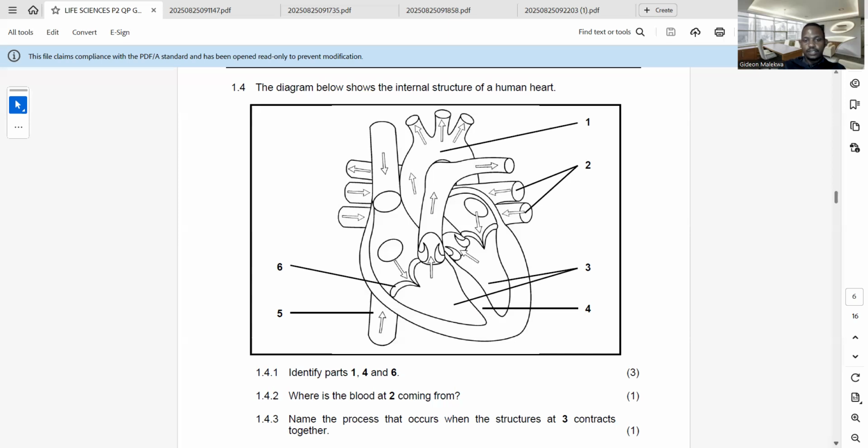Part 4 is the part that is dividing the left-hand side from the right-hand side of the heart. That wall, we call it the septum. The septum is the part that is dividing the left-hand side from the right-hand side of the chambers of the heart. Part number 6, that's a valve.